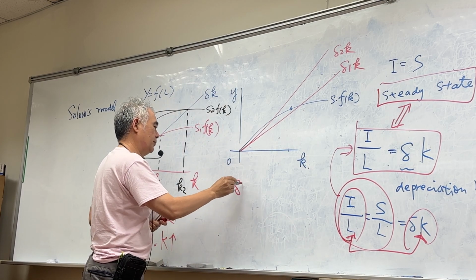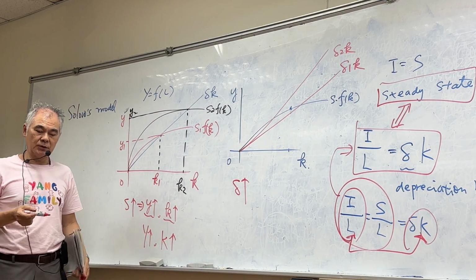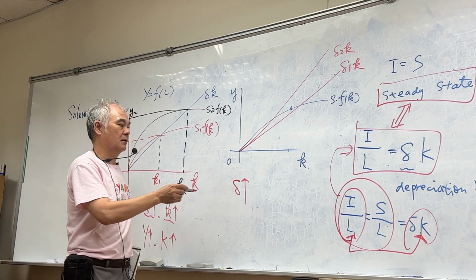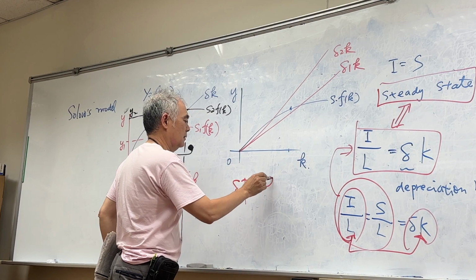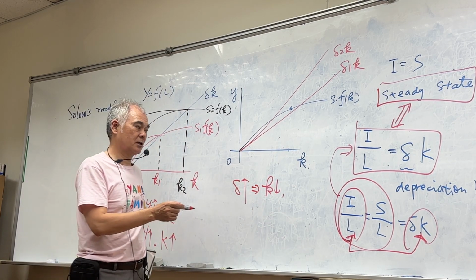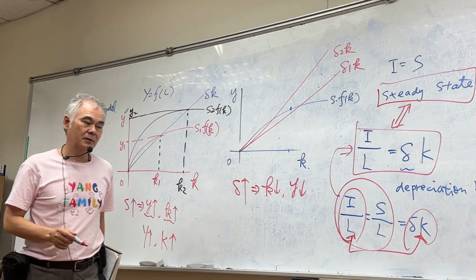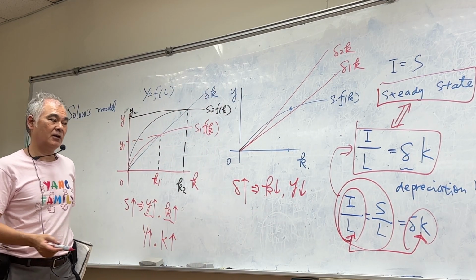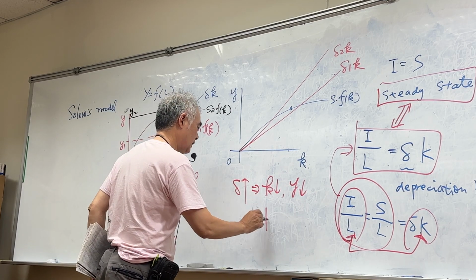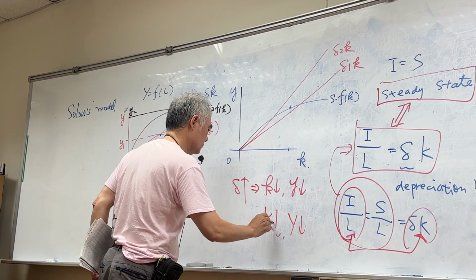Okay, if depreciation rate goes up, what does that mean? That means K will go down, okay, per person capital will go down, and per person production will go down. And basically that also means K will go down and Y will go down too.